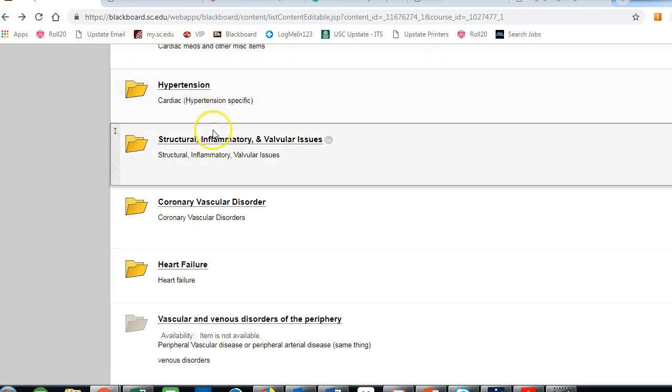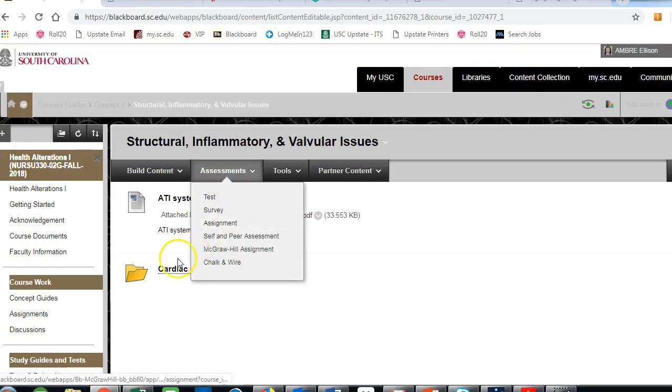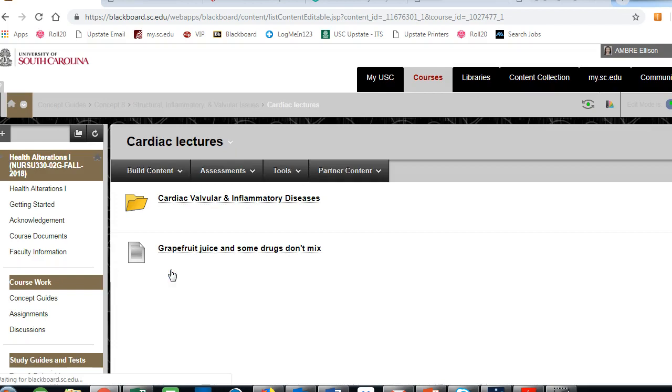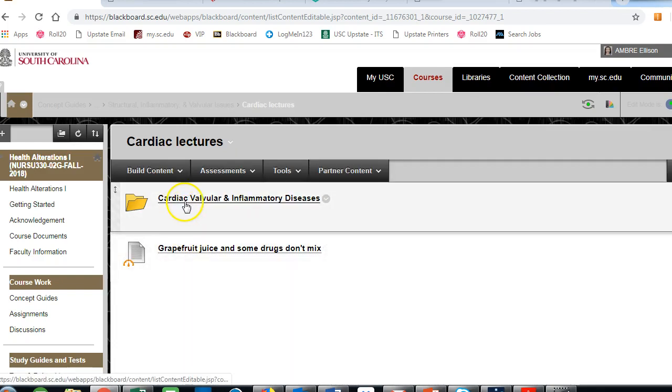And then we're going to talk about the structural, valvular, and inflammatory issues. And this is chapter 33 and chapter 34 in ATI. There are a lot of references here for you. Grapefruit juice and drugs don't mix.